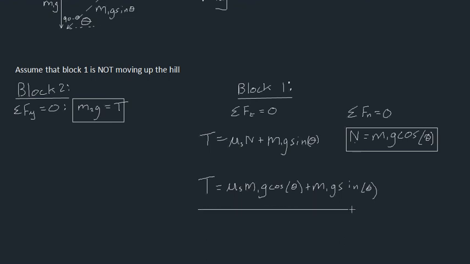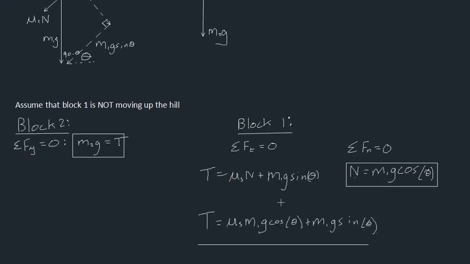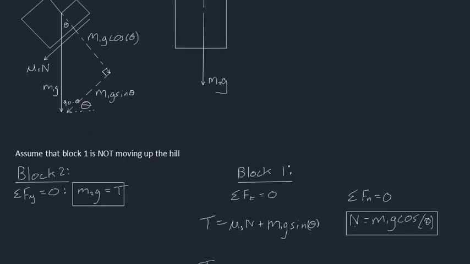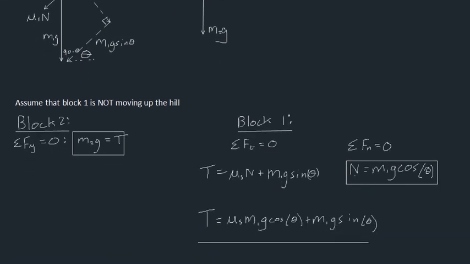equation really tells us is an upper limit for which the block will not move up the hill. Right? I want to make this clear. This is just an upper limit for which the block will not move up the hill, because our friction force, mu s N, is actually a maximum friction force. This denotes the maximum value of T that can be had in order for the block not to move up the hill, right?